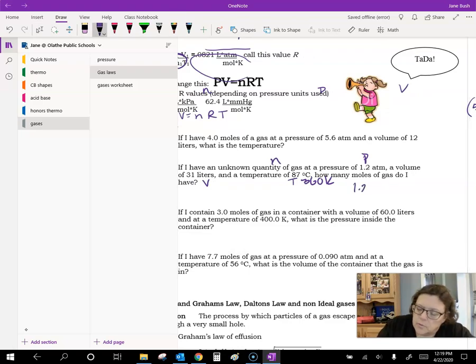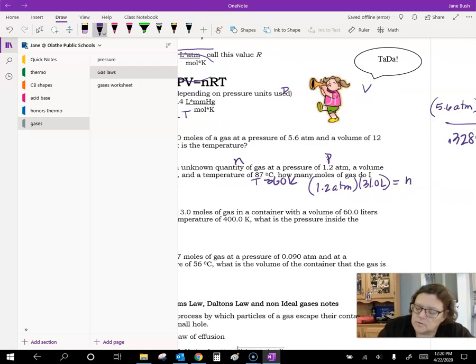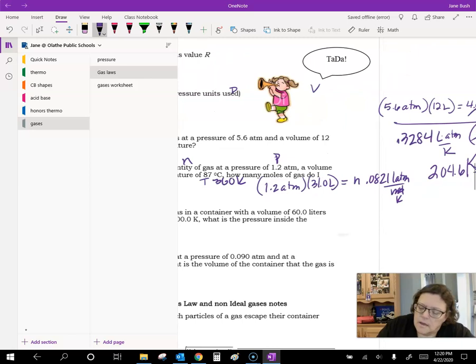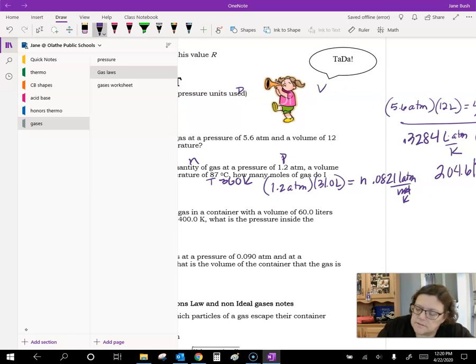PV: 1.2 atmospheres times 31 liters is equal to N, which was unknown this time, times R times T, and T is 360.